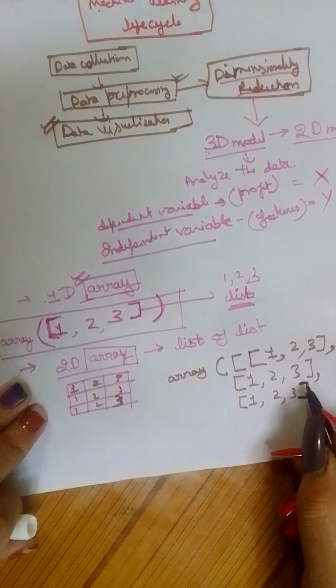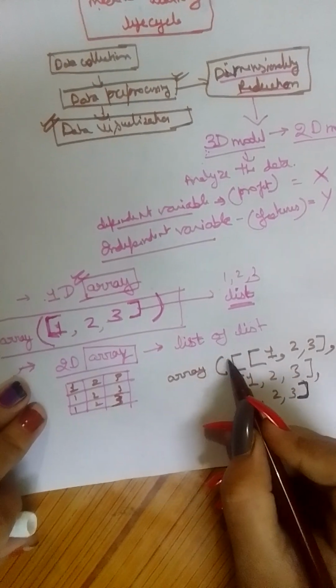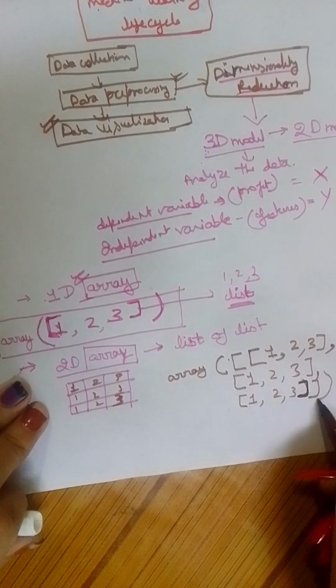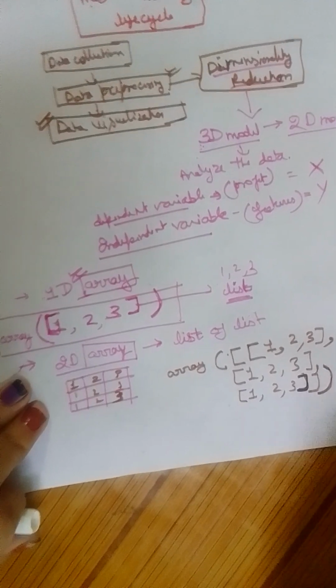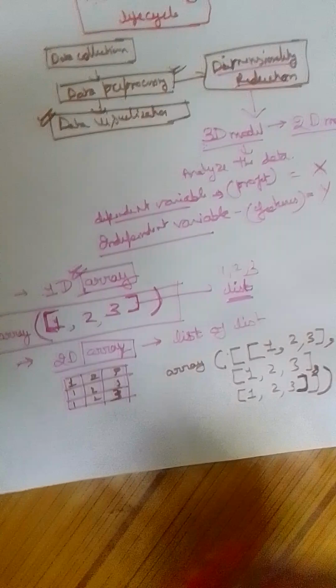Now one list is closed, there are two lists, the second list is closed, and you will close the data here. You will not add a comma after the last bracket.